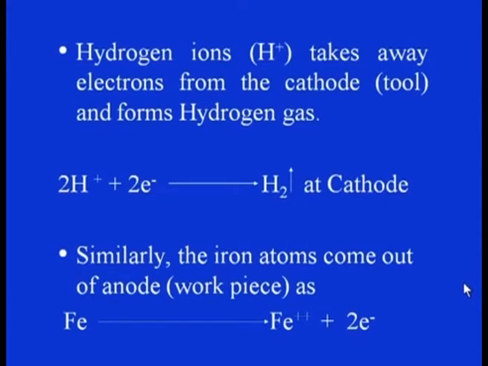Now, these hydrogen ions take away electrons from the cathode, which is a tool here, and form hydrogen gas, like 2 hydrogen ions combine with 2 electrons to form one hydrogen molecule which comes out from the solution at the cathode. At the same time, the iron atoms come out of the anode, which is a workpiece here, and they lose 2 electrons to form 2 iron ions, positively charged iron ions.